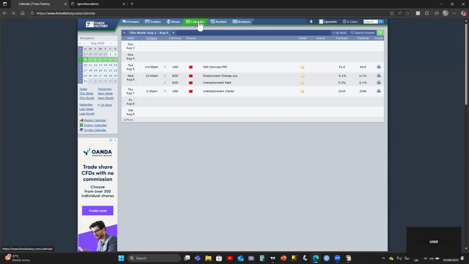On the calendar, you will see all these tabs where you have the date here, then you have the time, we have the currency, and we have the impact that the news will have on the currency pairs.